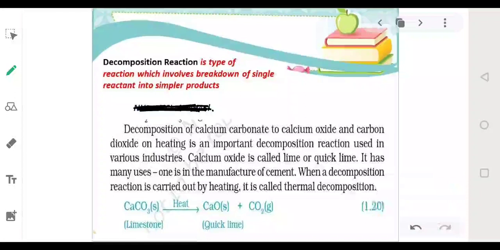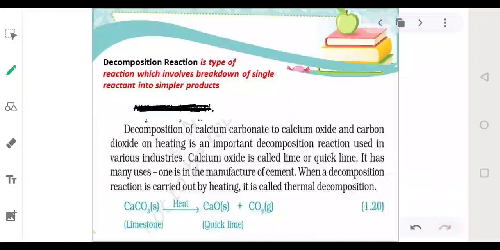The example is calcium carbonate, CaCO3, also known as limestone. When it is heated we get CaO, calcium oxide, and CO2, carbon dioxide. So when limestone is heated, we get quicklime and carbon dioxide.